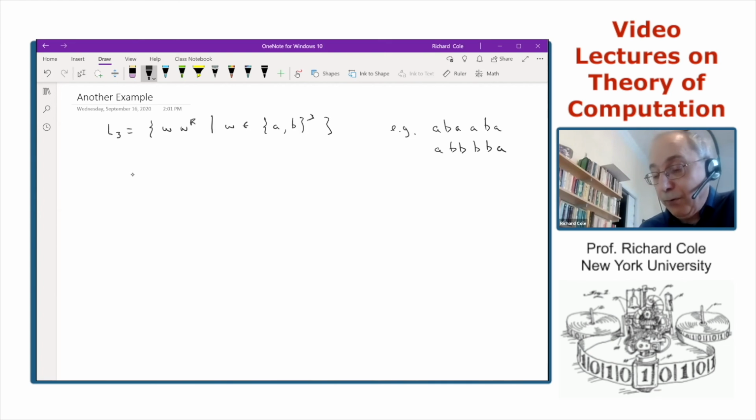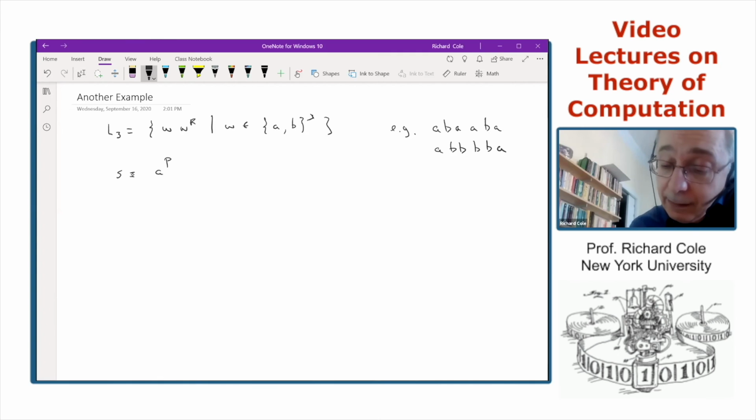So how do we prove this? Well, we begin by assuming for a contradiction that L3 is regular, and then we note that we can apply the pumping lemma to L3. And so let's look at a particular string S, and this is going to be the string I choose.